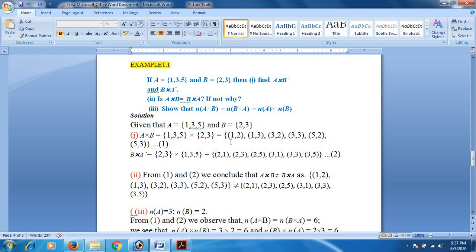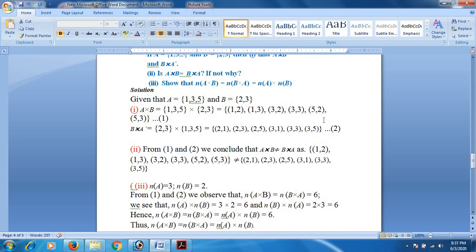You see, this is (1, 2), here (2, 1). So that is not equal. So we can write A cross B not equal to B cross A. Now the third question: show that n of A cross B equal to n of B cross A equal to n of A times n of B.